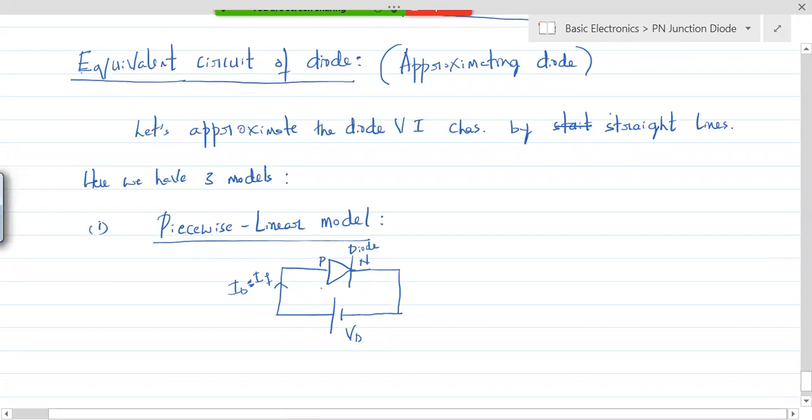So the diode current would be flowing in this direction. See here, this arrow mark tells you the direction of current. This is how the current is flowing. Understand that? When the diode is conducting, the forward current is flowing.